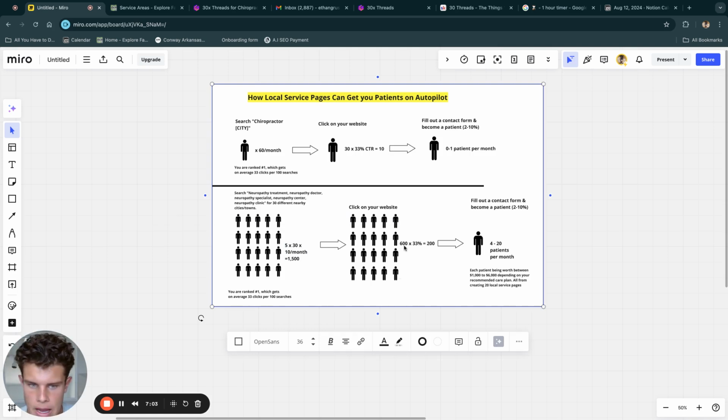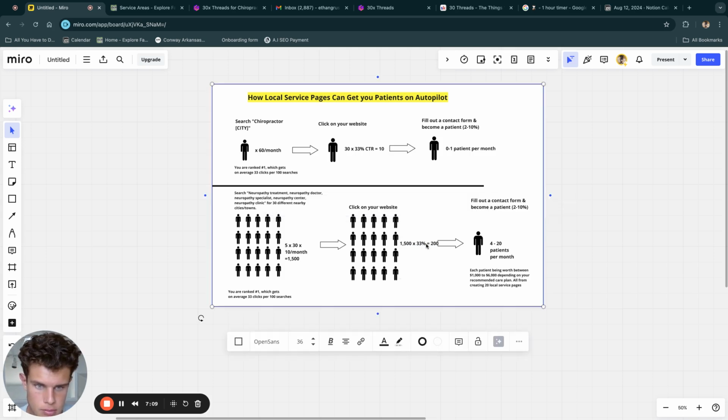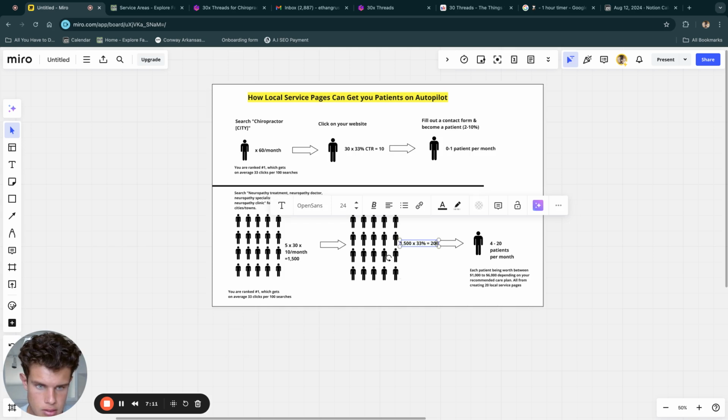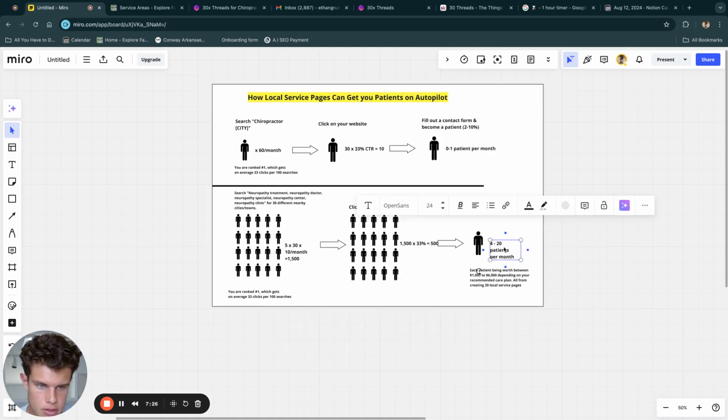Now let's say average clicks is about 33%. So 33% of that is 500. So they're getting 500 clicks every month just by creating these pages. Let's say we convert 2 to 10%.